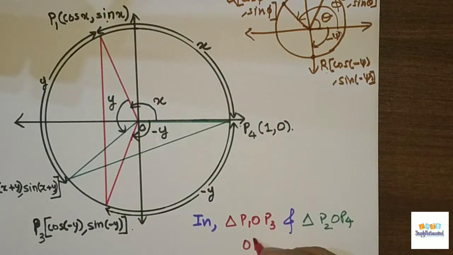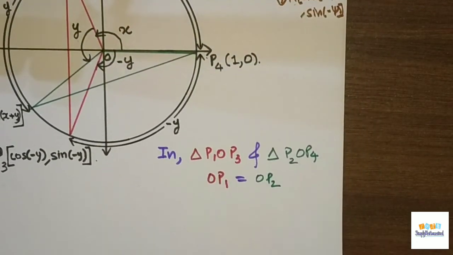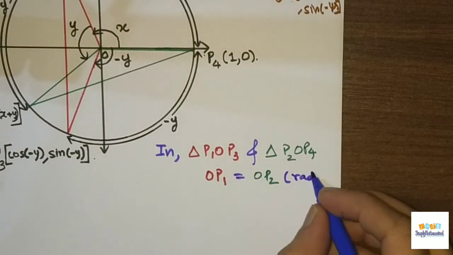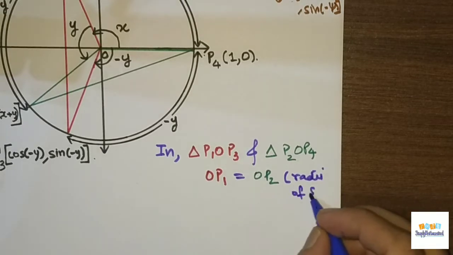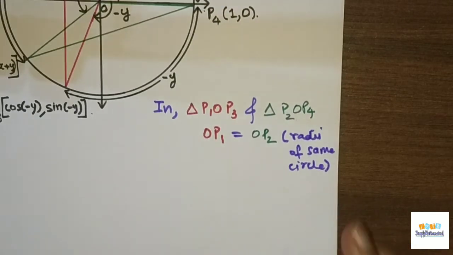OP1 is equal to OP2. What is the reason? The reason is radii of same circle.